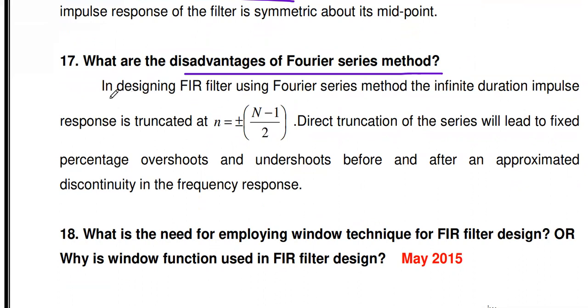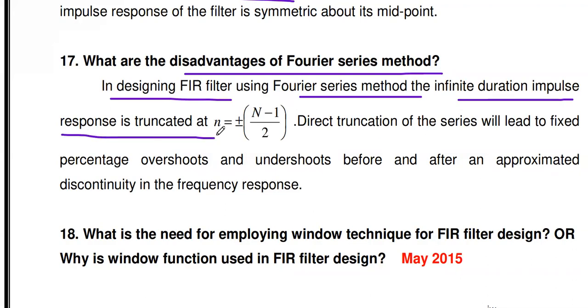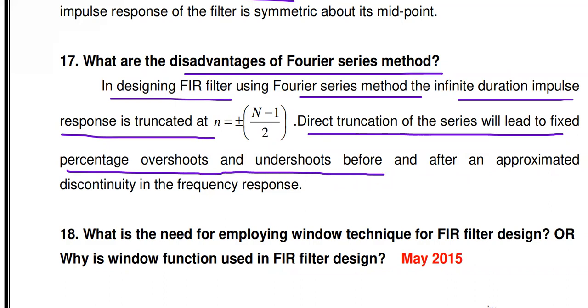In the design of FIR filter using the Fourier series method, the infinite duration impulse response is truncated at n equal to plus or minus N minus 1 by 2. The direct truncation of the series will lead to a fixed percentage of overshoot and undershoot. That is said to be the oscillation.